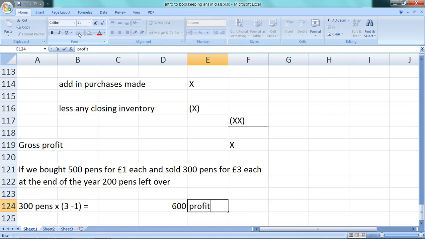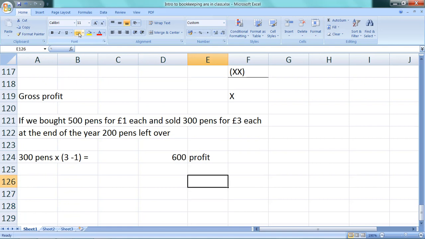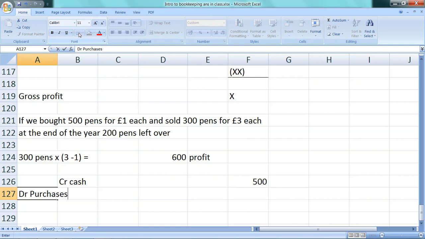So we've bought the pens for £1 each. Let's say everything's going to be a cash transaction. So we're going to credit cash to the tune of £500, because that's how many we've bought. We then debit purchases to the tune of £500. We then make sales.